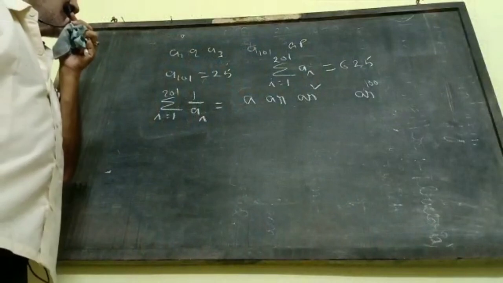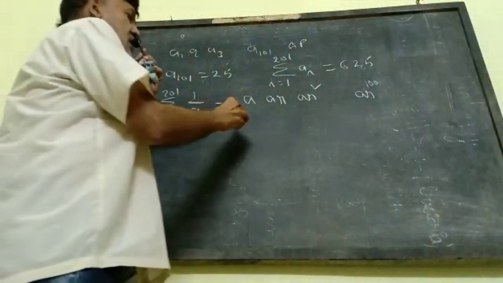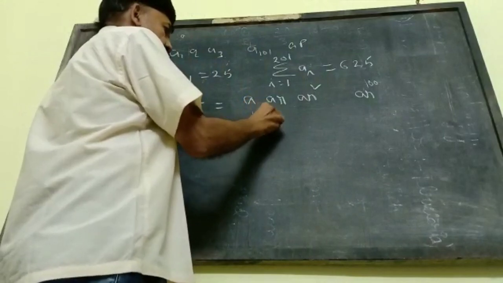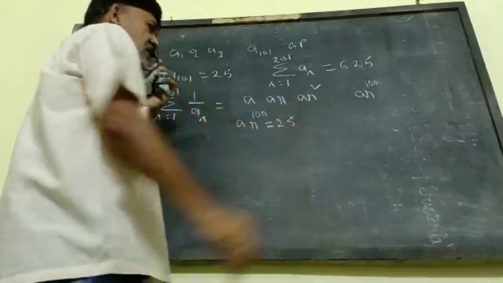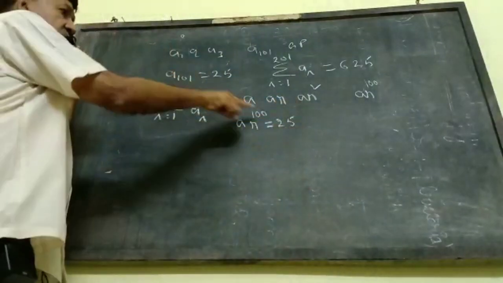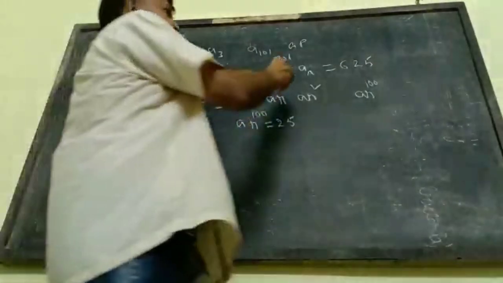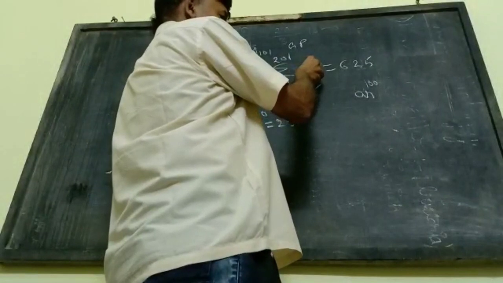Now, given what? AR to the power of 100 is equal to 25. This is A101, and this is given. What about the sum of 201 terms?